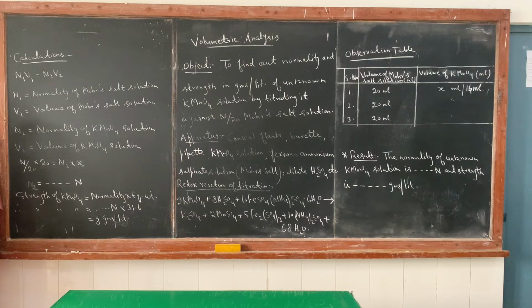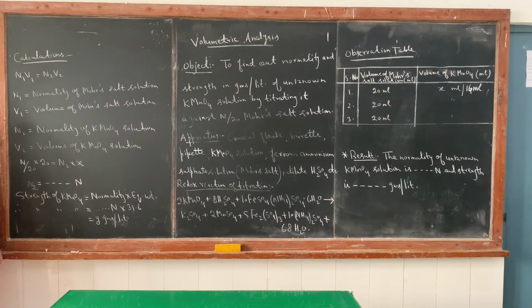X is the burette reading which we will obtain by titrating the KMnO4 solution. From the titration we will obtain the value of x. So just by doing the calculation we can obtain the N2 value.